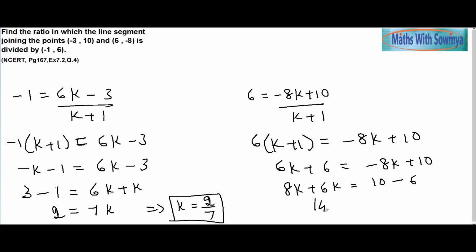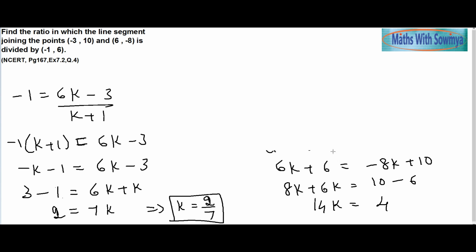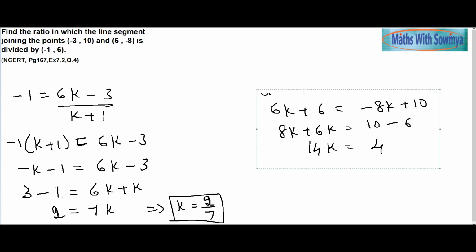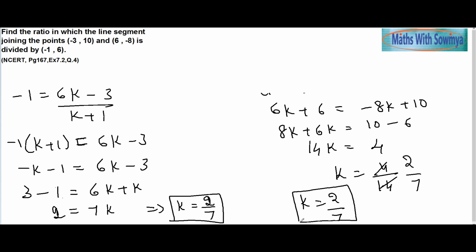This will give me 14K is equal to 4. K will be 4 by 14, that is 2 by 7. So value of K, we can confirm, is 2 by 7 in both the cases.